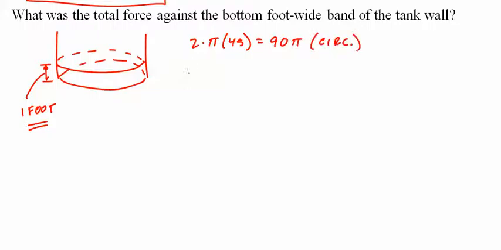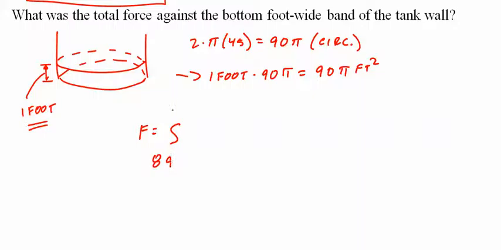It's a 1 foot high segment. So it gives us 90 pi feet squared. The pressure at the bottom is 9,000, but it varies directly as it goes up. So we have to write it as, what is the integral from 89 feet to 90 feet of 9,000?